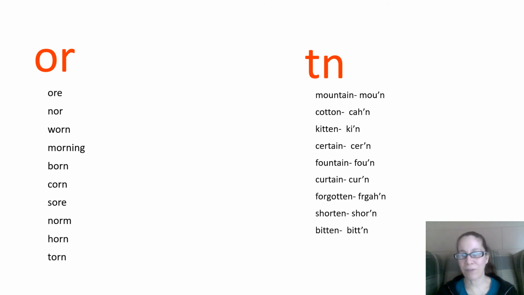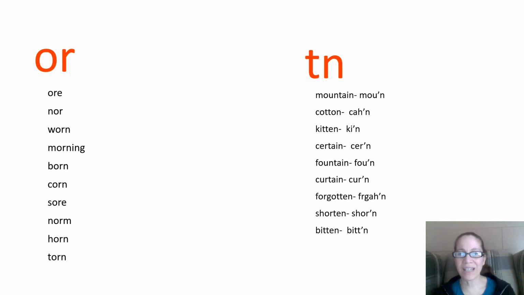Okay, so now this is a fun one. The TN words, words with the TN sound. So we tend to shorten words in American English. We don't say the whole word sometimes because we speak so fast. So a lot of times we just drop the T and make a hard N. So mountain becomes mountain.